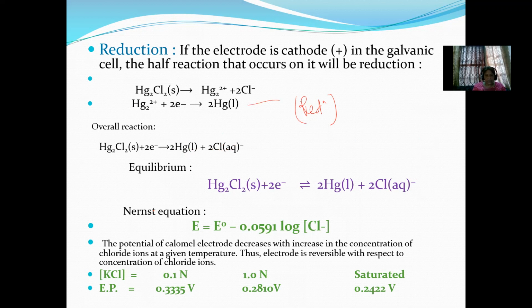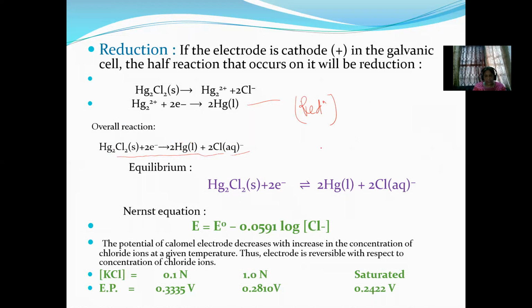Clear? You see here, in this reaction we say that the mercurous or Calomel electrode acts as cathode. Cathode means acceptance of the electrons. Mercurous ion gets deposited as mercury. This is the reduction reaction that takes place.